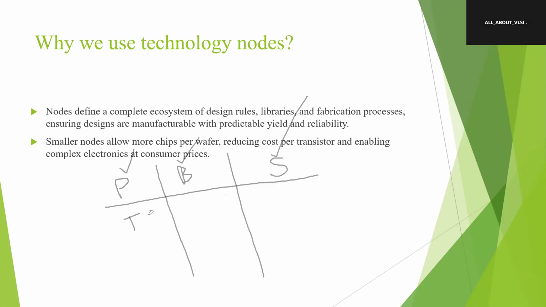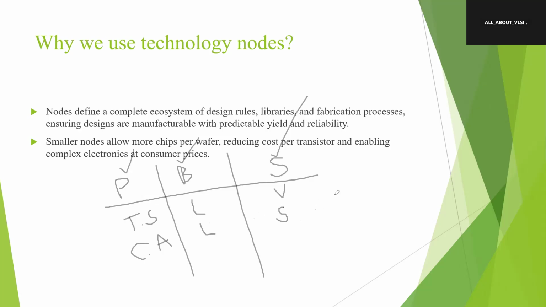Coming to transistor size, for bigger nodes, my transistor size is large, right? And coming to smaller nodes, transistor size is small because of gate length, right? And after that, chip area. Here, my chip area is large, right? Here, chip area is small.